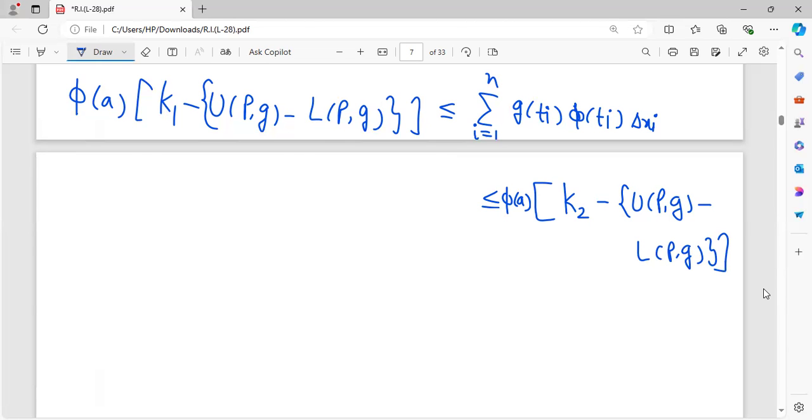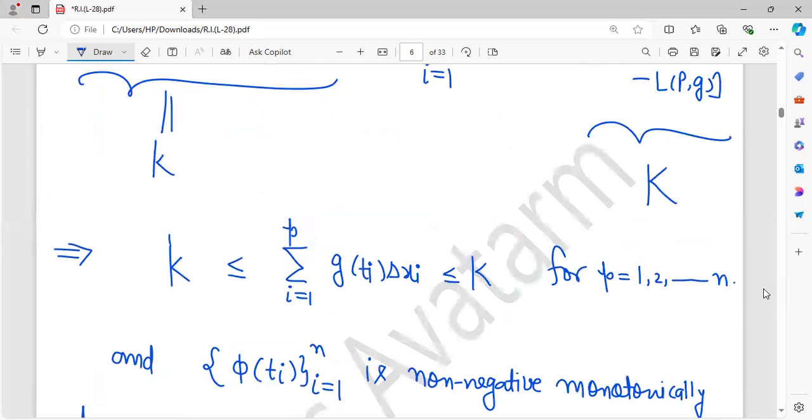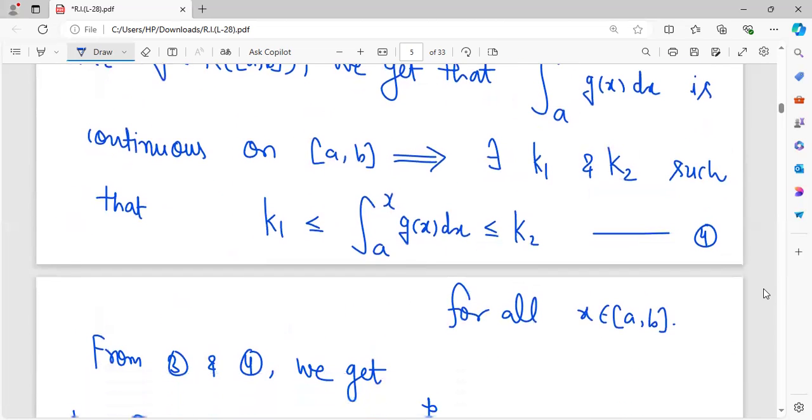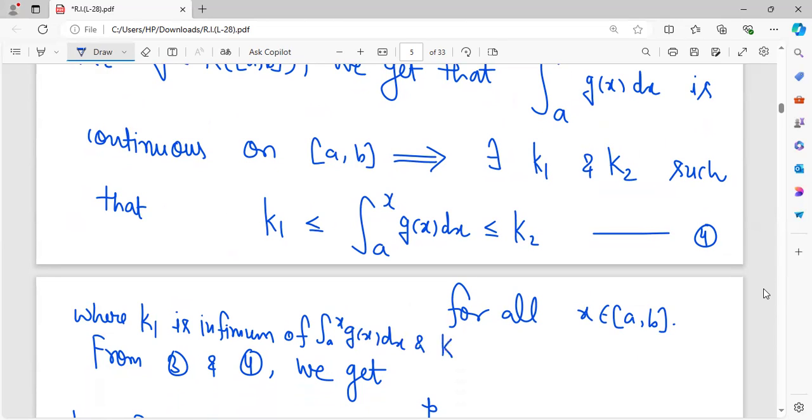Now one thing. I am taking K_1 and K_2, where K_1 is the infimum of the function G(x) and K_2 is the supremum of the function G(x).